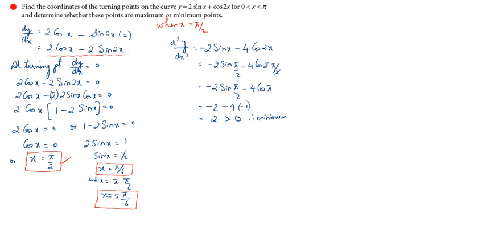So when x is equal to pi by 2, we are going to find the y coordinate. It is given in the question, y is equal to 2 sine x plus cos 2x, so 2 sine pi by 2 plus cos 2 into pi by 2, which is cos pi.